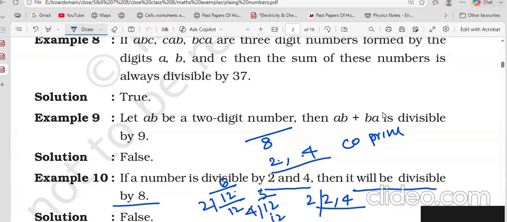So it's not divisible by 8. Because 12 is divisible by 6, it is divisible by 2 and 3, because these are co-prime. They don't have any other common factor. But if they have a common factor except for 1, then we have a problem. We can't just multiply them.